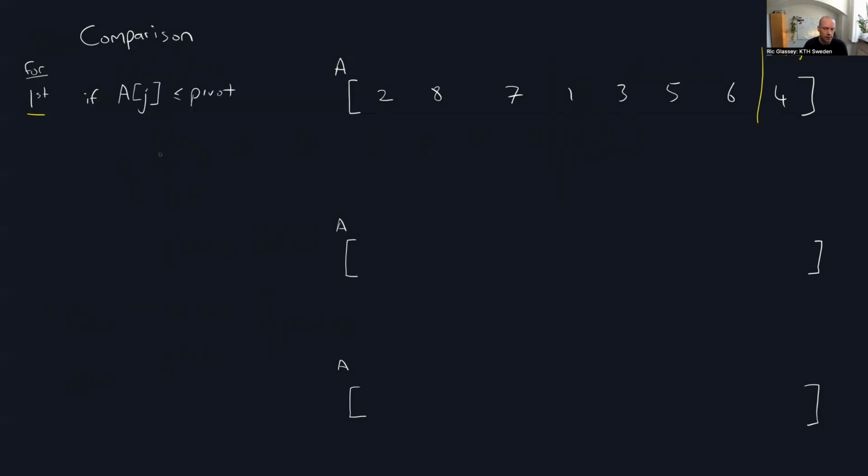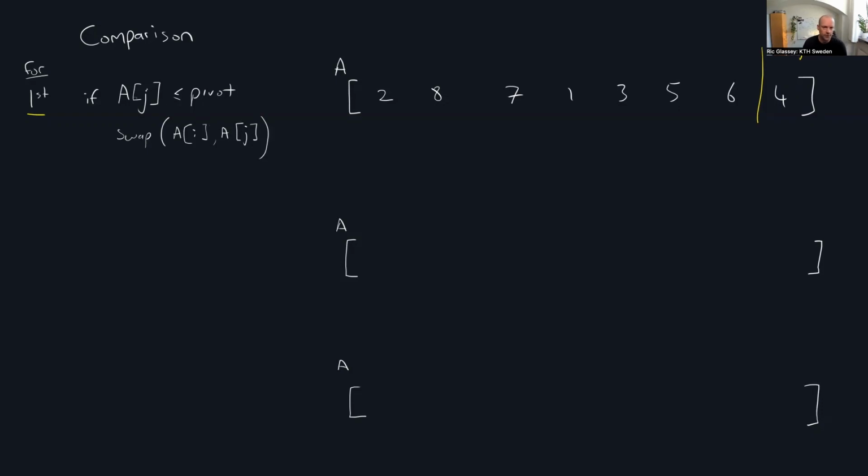That doesn't change. If this is smaller, then we want to swap. I can't remember what it was. Was it a of i with a of j? Okay, we want to swap those two numbers.